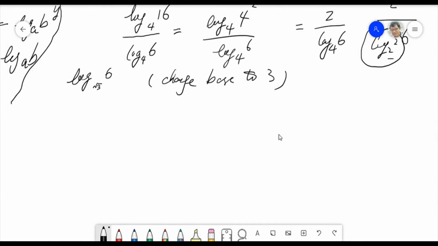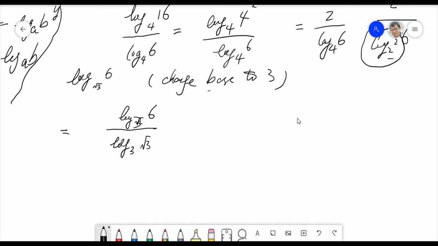So for this one, let's change to base 3. Based on our formula, log base 3 of square root of 3, over log base 3 of 6.